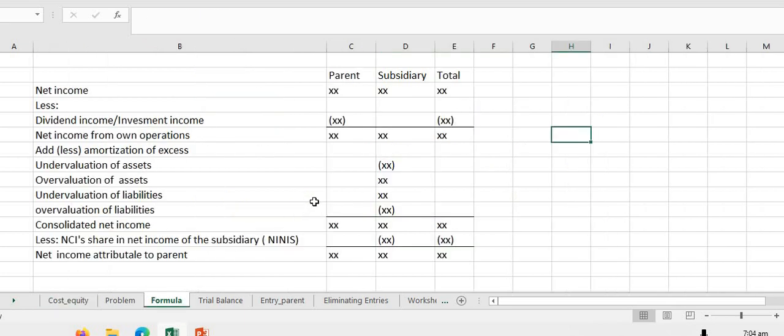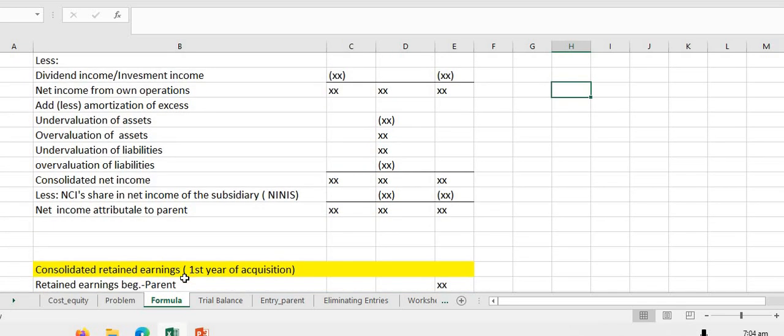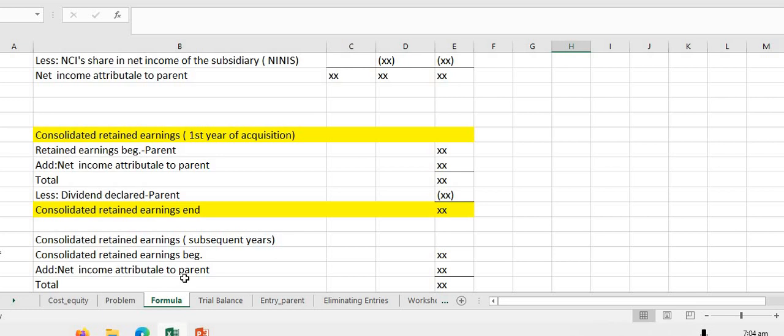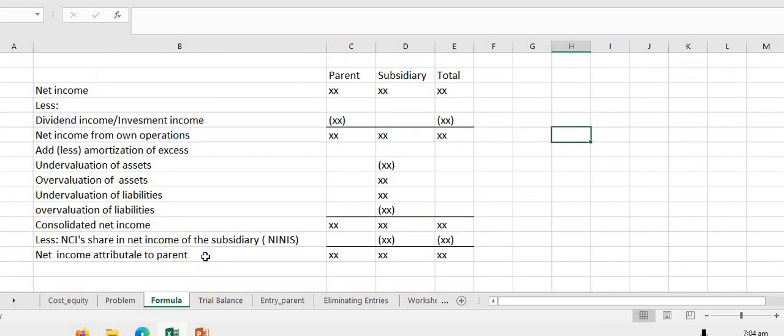One of the important formulas or computations in accounting for stock acquisition subsequent to the date of acquisition is to compute the consolidated net income, or net income attributable to parent, and the consolidated retained earnings.